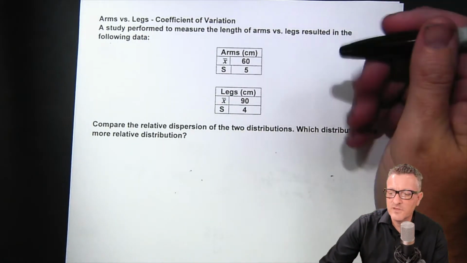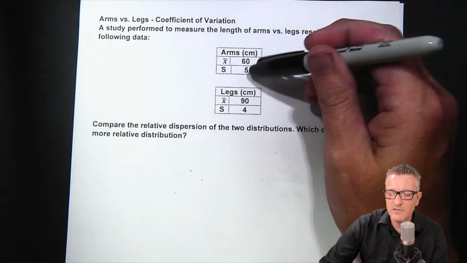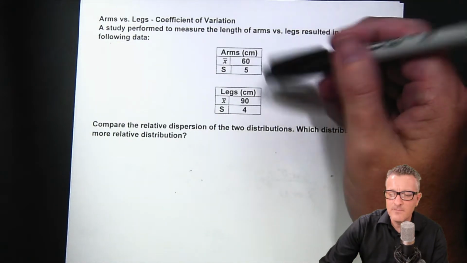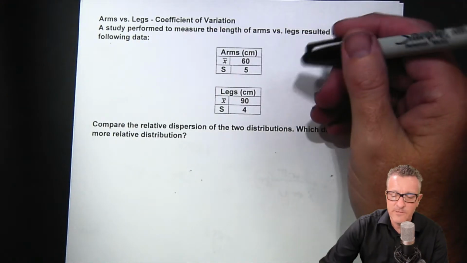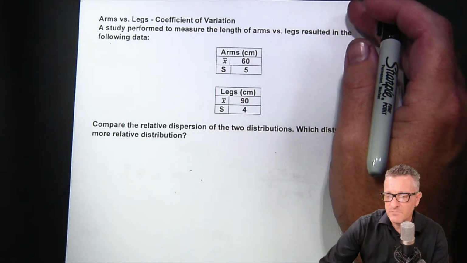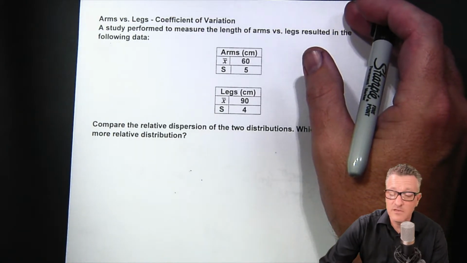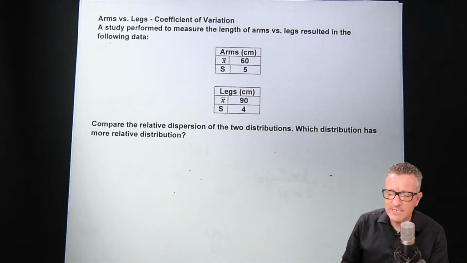Another thing is the data that you're given for this one compared to the z-score calculation. We only have the standard deviation and the mean. We don't have an x value, a data point. So it's mainly just to see how much spread there is within a distribution.